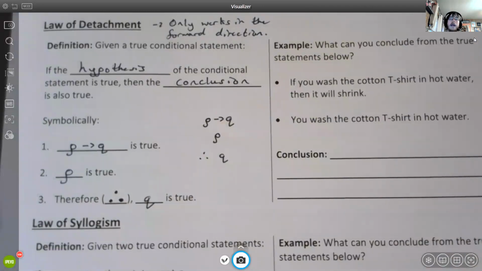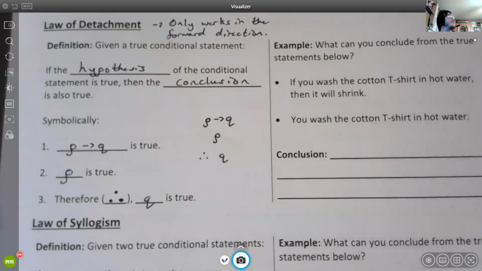Now, based on your conclusion, does your conclusion always say that your hypothesis is right? And the answer is no, right? So you could have a correct conclusion, but be completely wrong about why you got there, right? So you could have the correct conclusion, but your hypothesis be completely off. That's why this doesn't work backwards, okay? Because it's just like a science experiment.